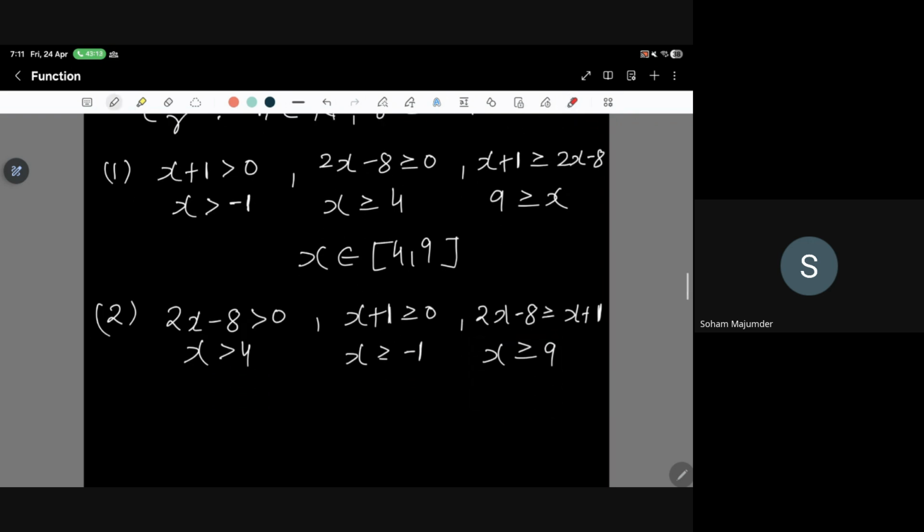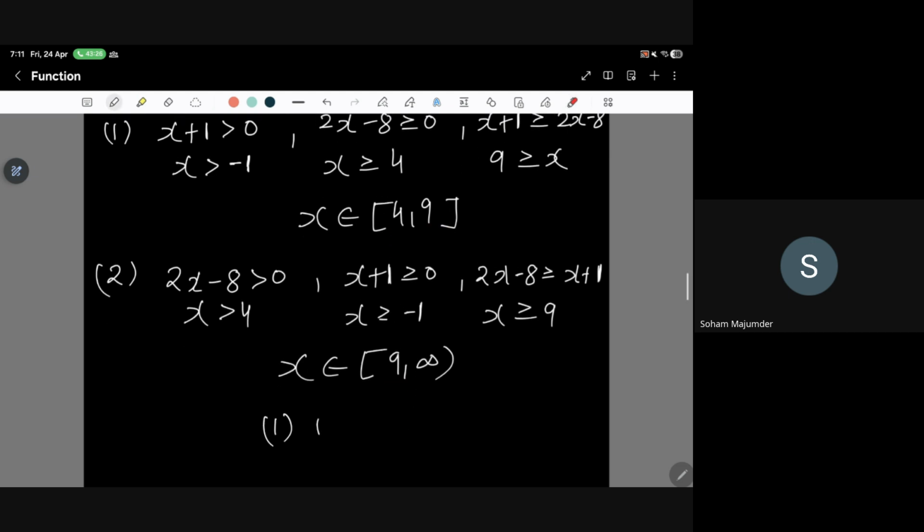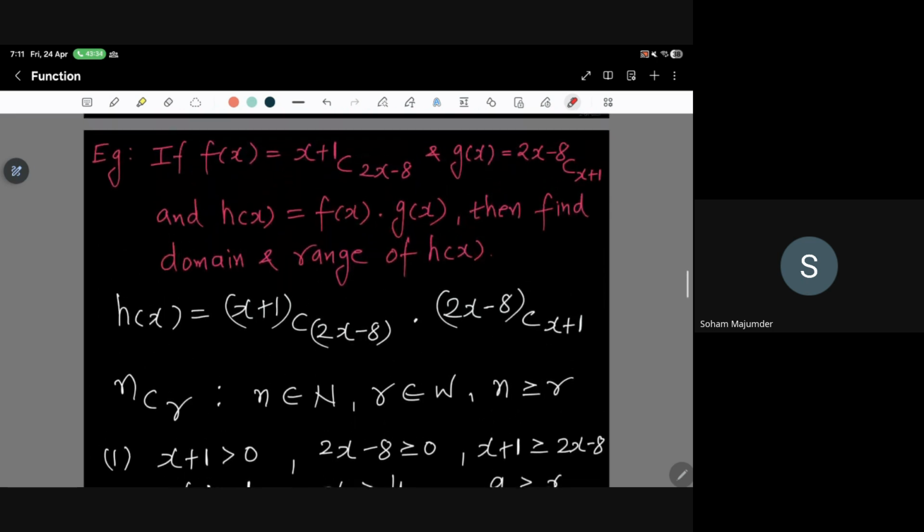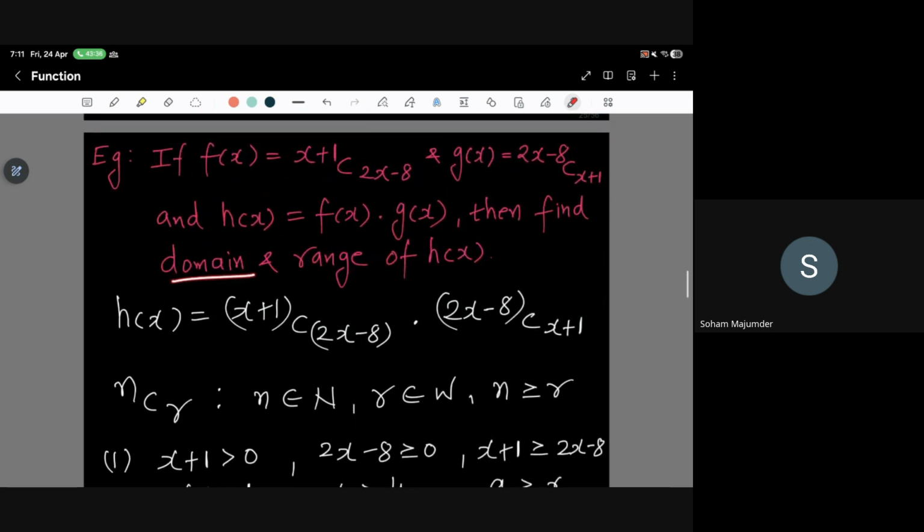Now the common part of these two: this ends at 9, this starts at 9. So the common part of first and second is x equal to 9, right? Now if x is equal to 9, the domain is x equal to 9.